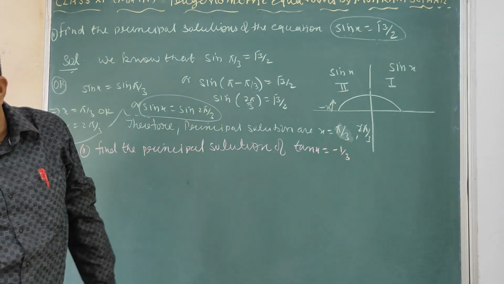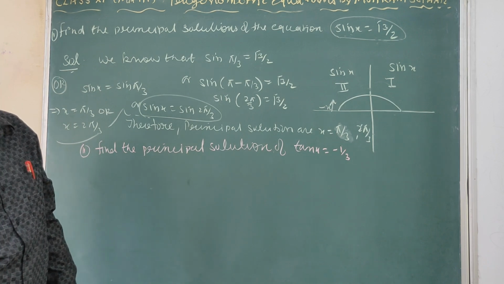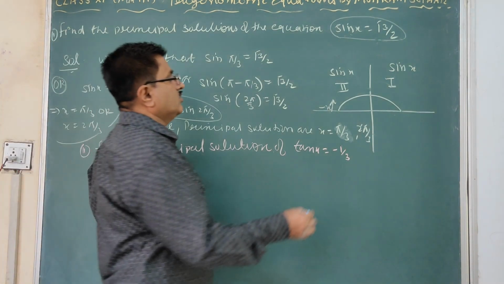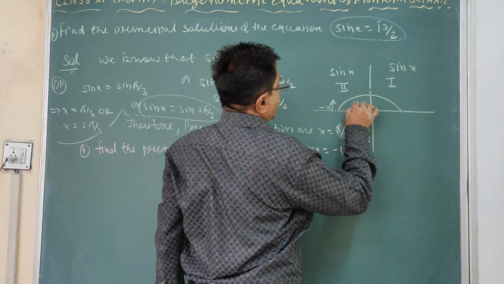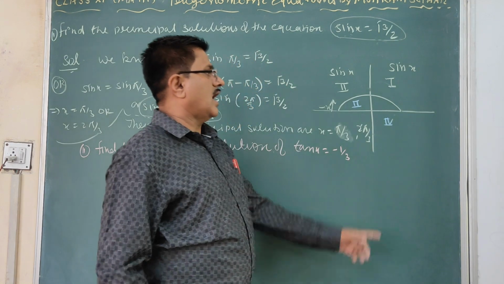Now we have the value of tan as negative, and you already know that the value of tan is negative in which quadrants? Second and fourth.